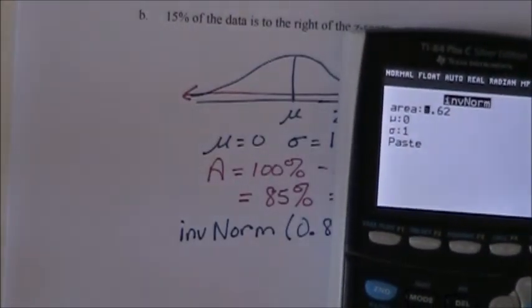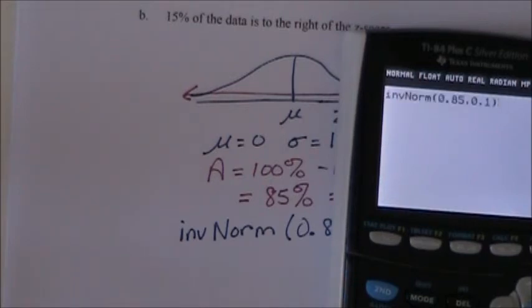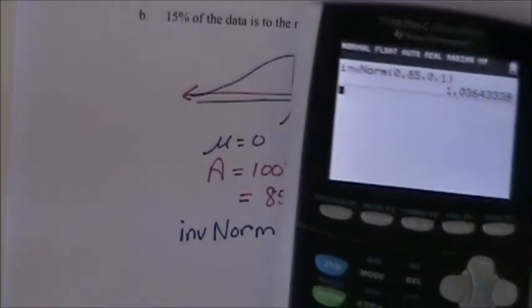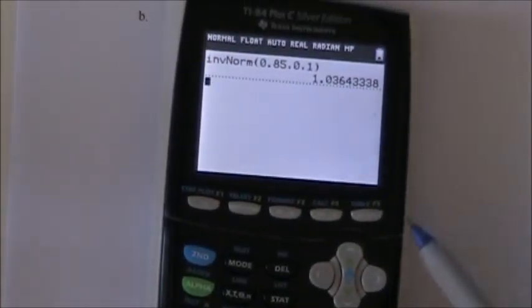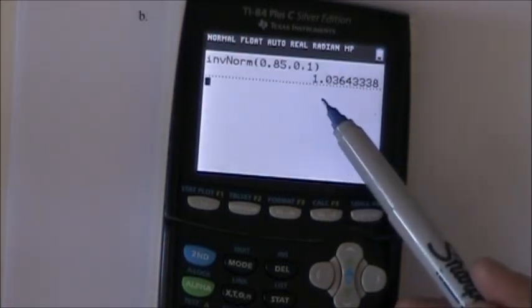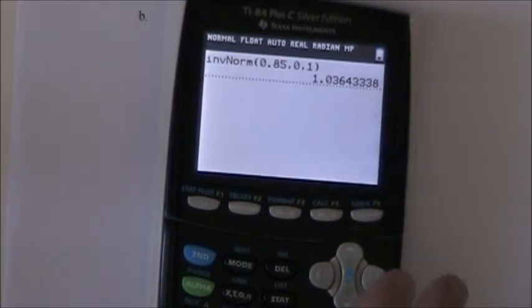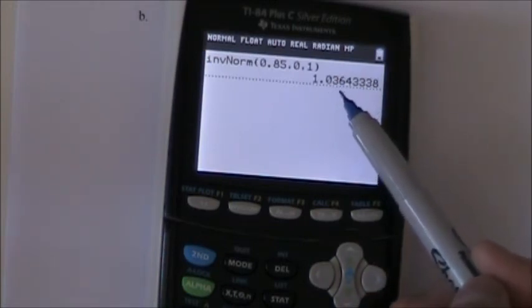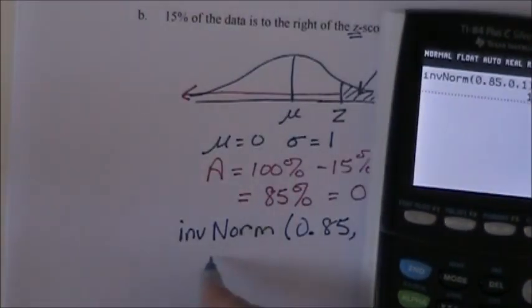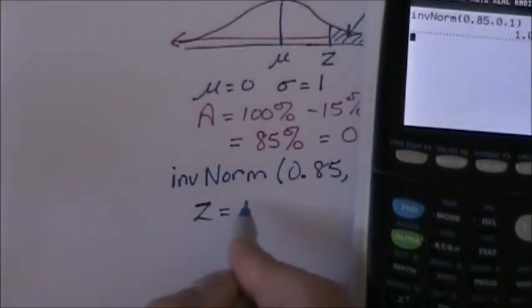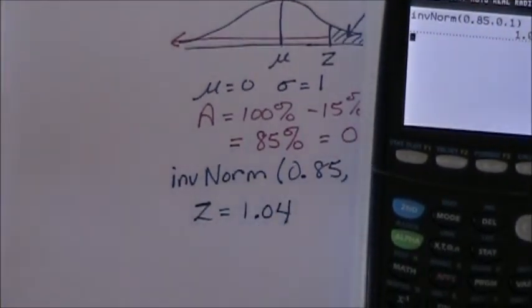So this time our area was 0.85, mean was 0, standard deviation was 1, hit enter on paste, and on the calculator screen we're going to hit enter again. We get a z-score value of 1.036433. Remember, z-score values get rounded to 2 decimal places, so after the 3 comes the 6, so that 3 is going to become a 4. So we have z is equal to 1.04.